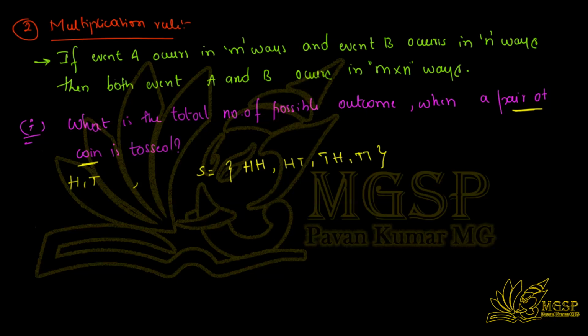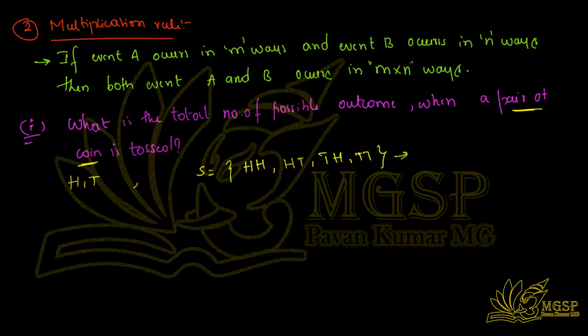Suppose event A is tossing one coin. What are the outcomes? Head and tail. Tossing another coin also gives head and tail. So the total number of ways this event can happen is the sample space.